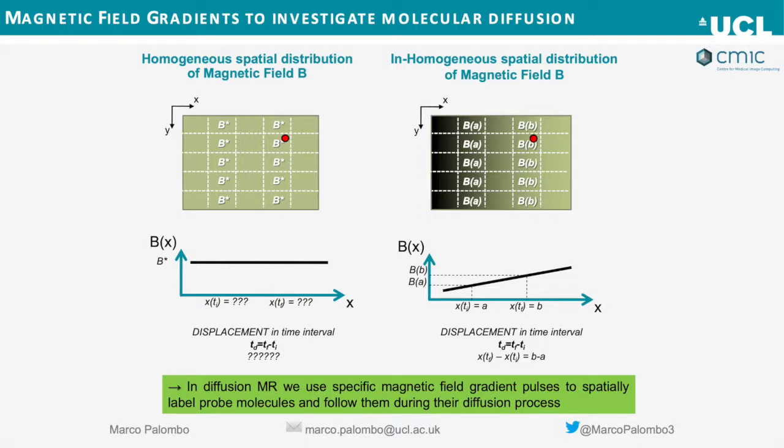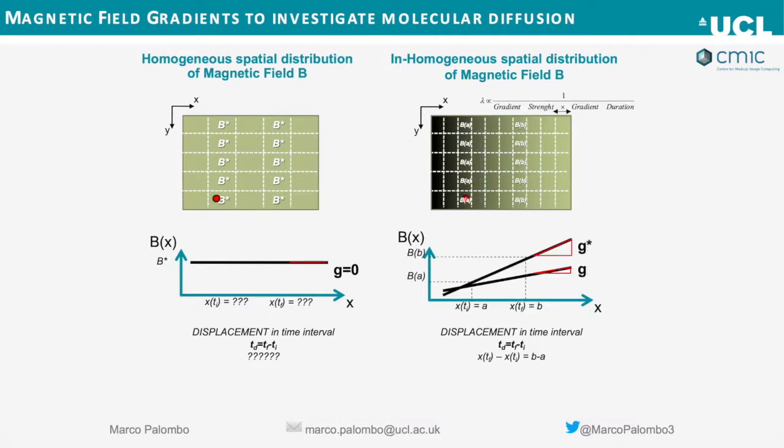When designing our experiment, it is good to keep in mind that we can control some of these parameters. We can control the diffusion time, as well as the characteristics of this grid by controlling the gradient strength. A gradient strength equal to 0 would place a grid which is useless, but by increasing the gradient strength, we can increase the resolution of our spatial grid.